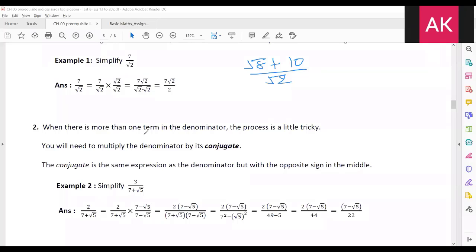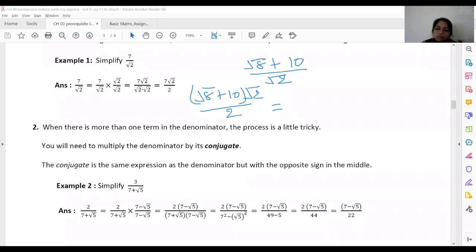Root 8 plus 10 upon root 2, multiplying by root 2 upon root 2. Please stop answering. Stop answering, otherwise I will mute all of you.